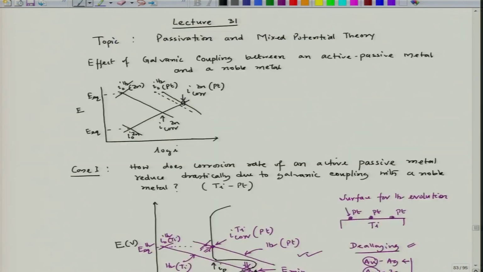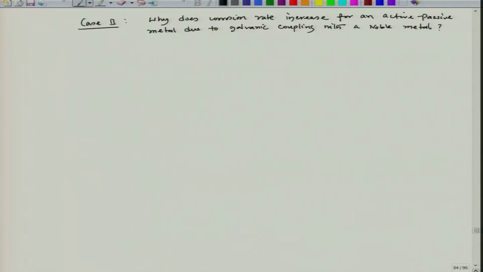So, in the previous case we have seen why the corrosion rate of an active passive metal reduces drastically due to galvanic coupling with a noble metal, but here the situation is why does the corrosion rate increase for an active passive metal due to galvanic coupling with a noble metal. So, that means it is not sacrosanct that if it is an active passive metal the corrosion rate would reduce. The main crux of the problem is where the mixed potential lies.